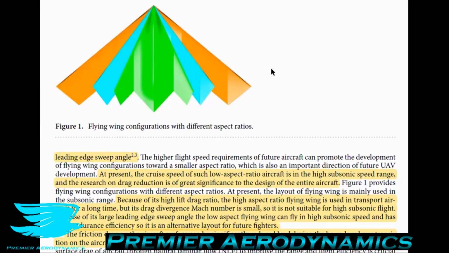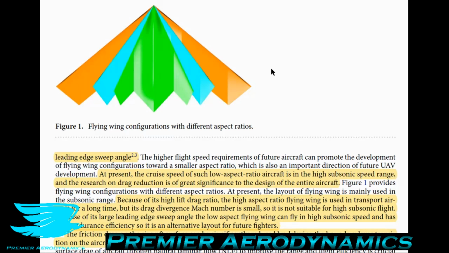The sweep angle is how much those leading edges are tapered, like how much they're pulled down and backwards, and the greater the sweep angle, the more beneficial it is for reducing the drag. I'm not going to go too much into why, but it has to do with the airfoil profile, and when you sweep the wing, that changes it a little bit, and that changes the critical Mach number, which I'll talk about a bit later. I've also covered that in other podcasts. But anyway, let's move on.